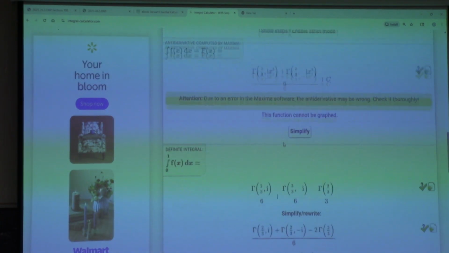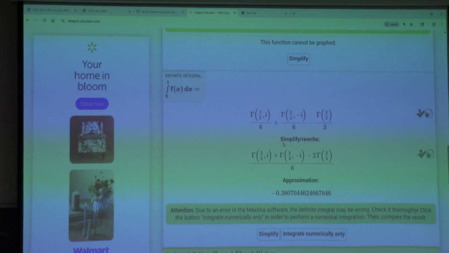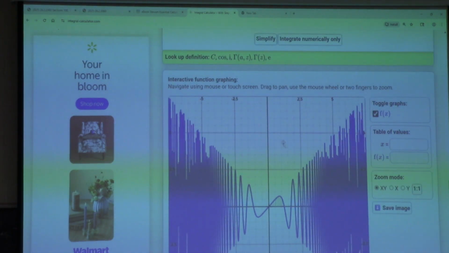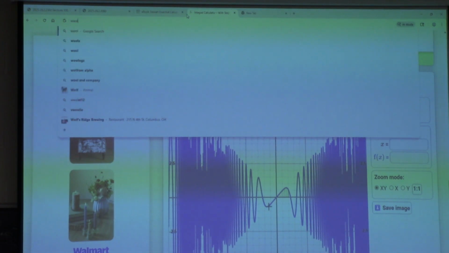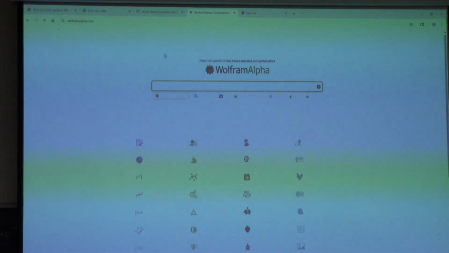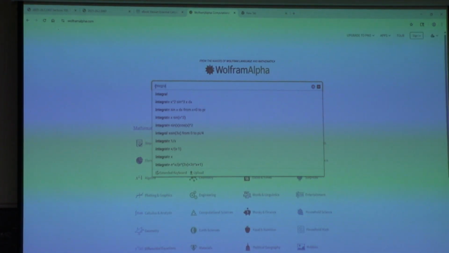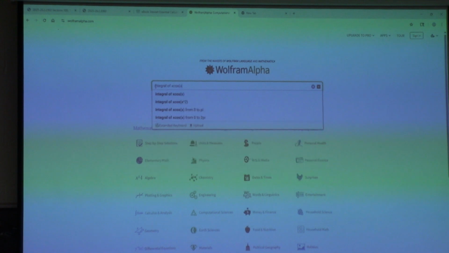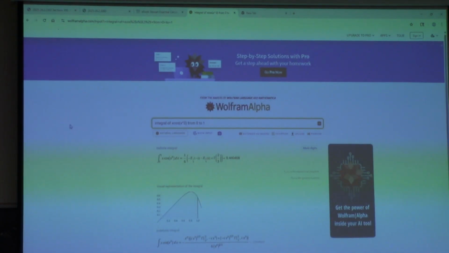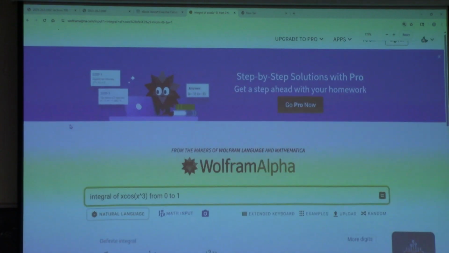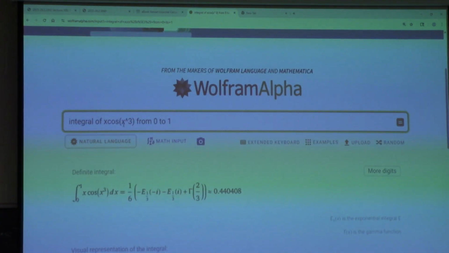Let's see. This doesn't seem right. Let's do it on Wolfram. Integral of x cosine of x cubed. Is it x cubed that we had in there? Aha! Roughly 0.440408. Isn't that cool? So our first 3 digits are okay.